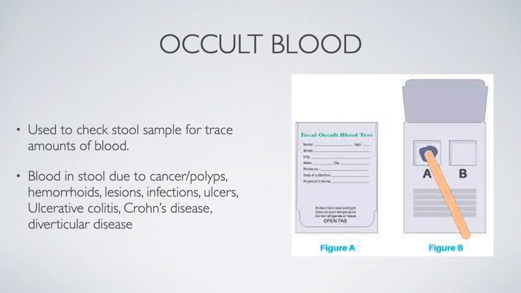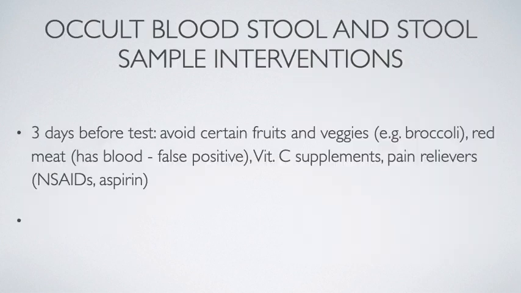So before the patient gets the sample done, you want to have them avoid certain fruits and vegetables, broccoli. You really want to have them avoid red meat that can have blood in it and cause a false positive of this test. Vitamin C supplements can cause a false positive, as well as you want to have them stop taking maybe blood thinners that they might be on at home, like aspirin.